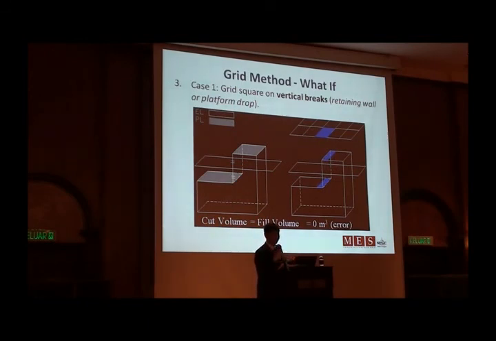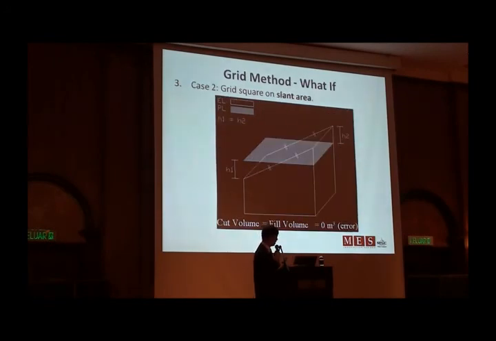But they cannot say what the contractor needs to do. The contractor still needs to cut the top part to fill here. So this cannot be captured, but this can all be captured nicely and accurately in the DTM method. And this one also, let's say your surface is inclined like that and your platform is flat.